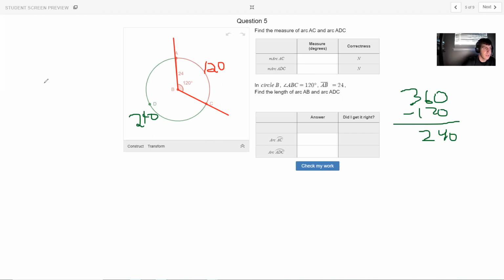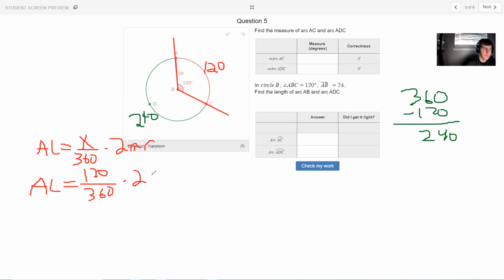So arc length is x over 360 times 2 pi r. So we're solving for arc length. We have the measure of the arc. The red one there is 120, times 2 times pi, and then the radius is 24.